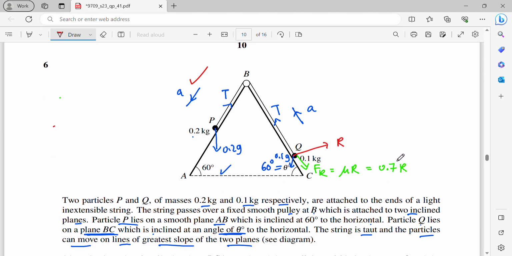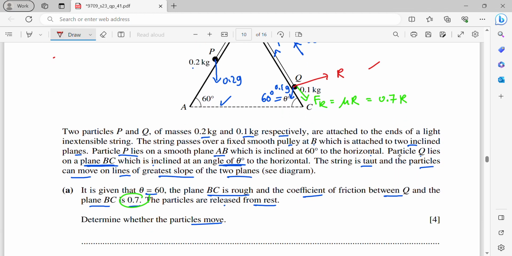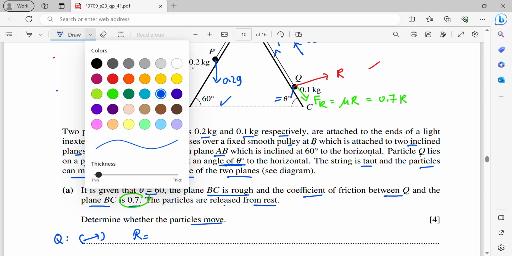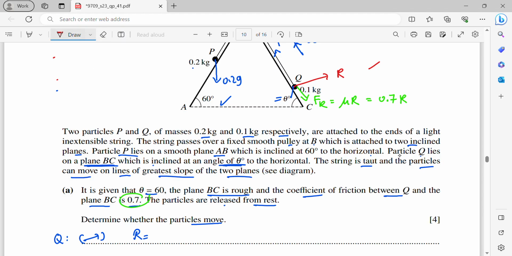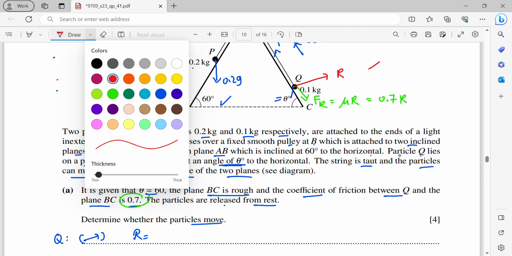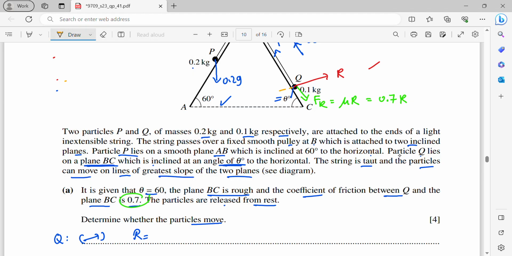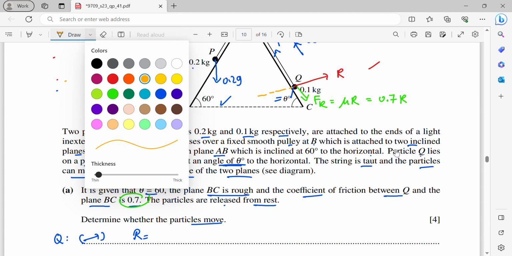So from here, I will find my R first. When you look at particle Q in this direction, which is the same direction as R, now you have to resolve the weight.